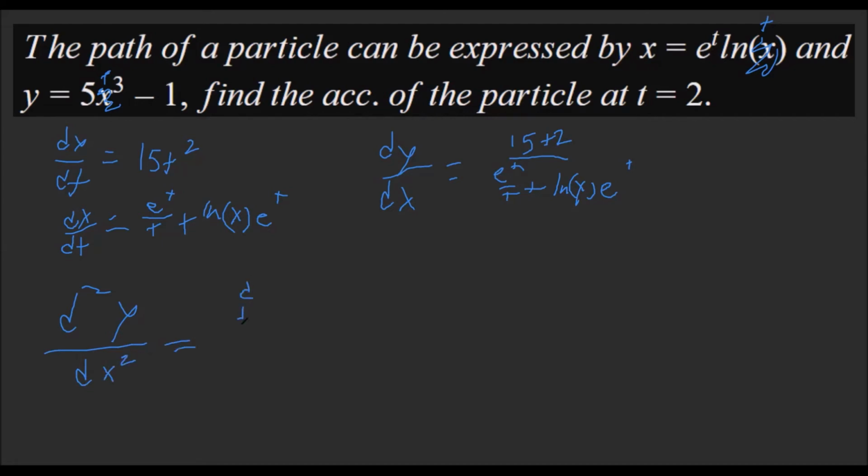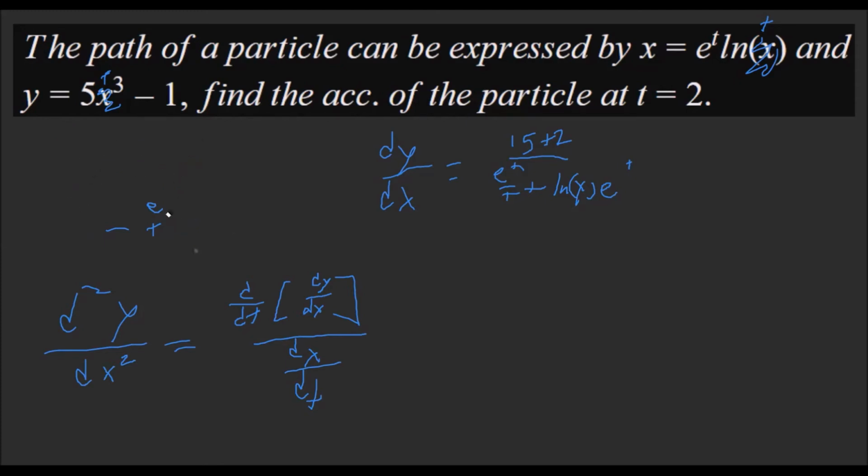So the second derivative is equal to the derivative of dy/dx over the initial derivative of x. Let's begin by finding the derivative of dy/dx. We can employ the quotient rule, I believe.